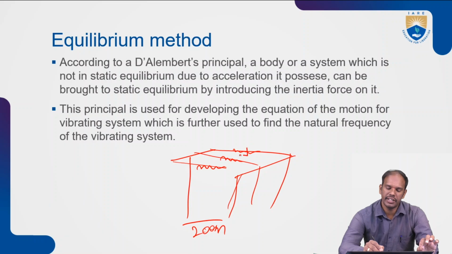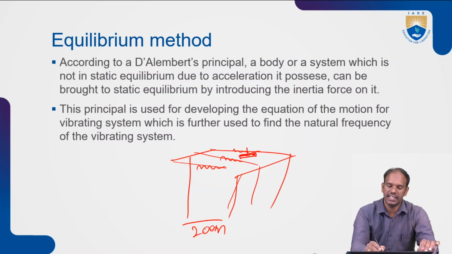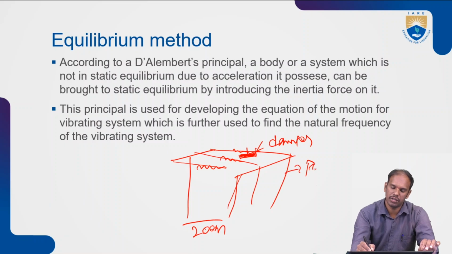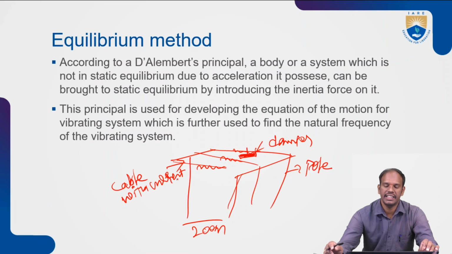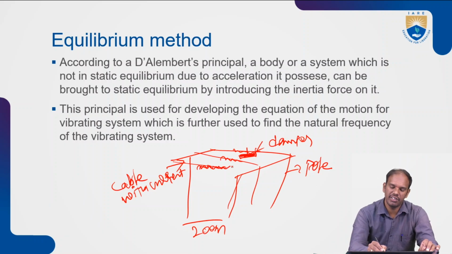So they have introduced some mass dampers here at this particular center, which is called a damper. Cable with current: if current is passing, then vibration is going to come.